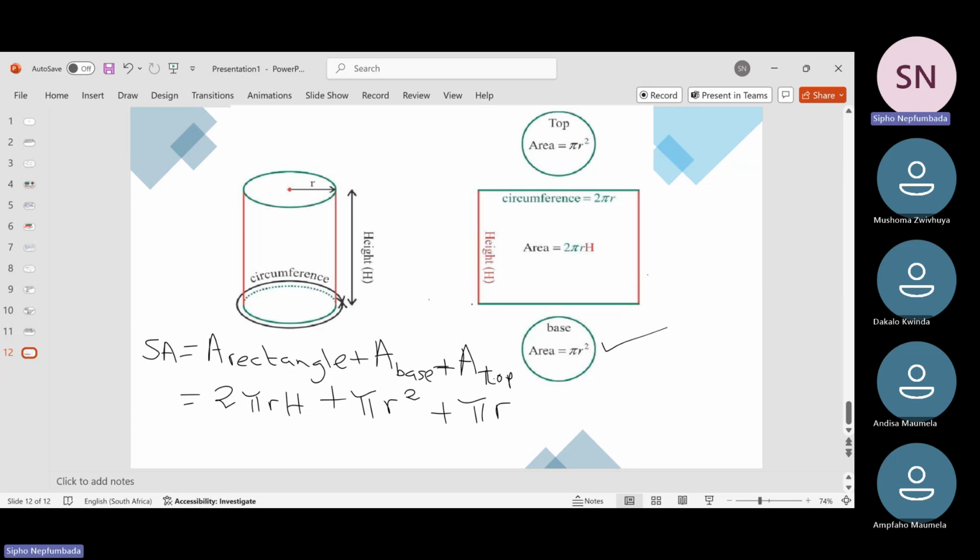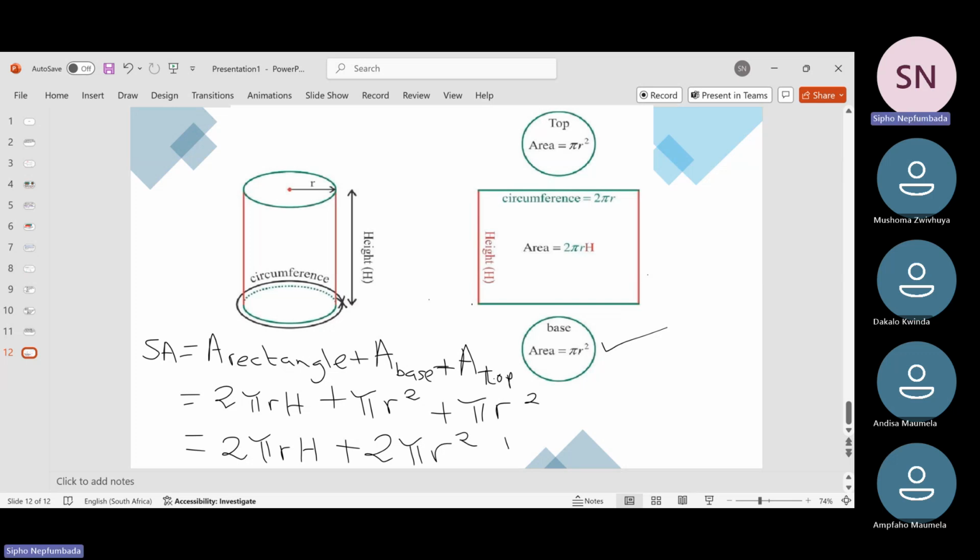Remember, surface area is adding all the areas of those sides. So now, when we group the like terms, we have 2 pi r h plus 2 pi r squared.